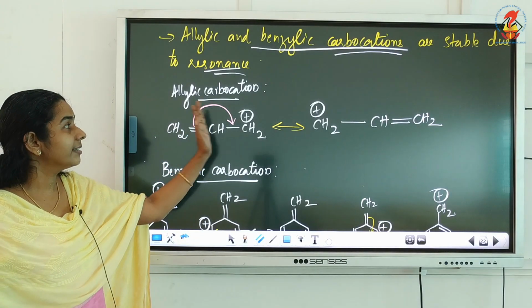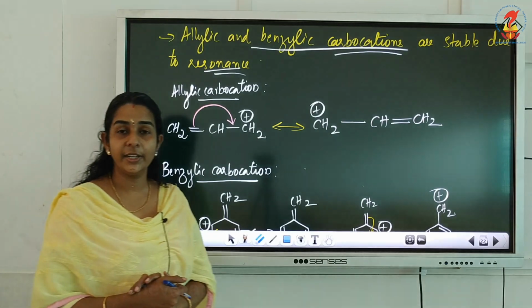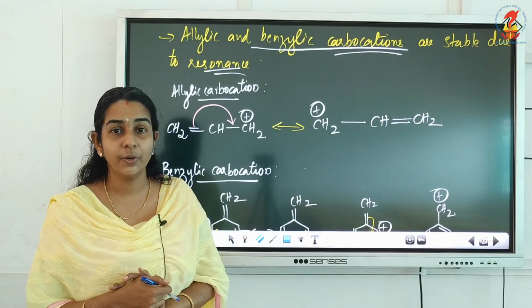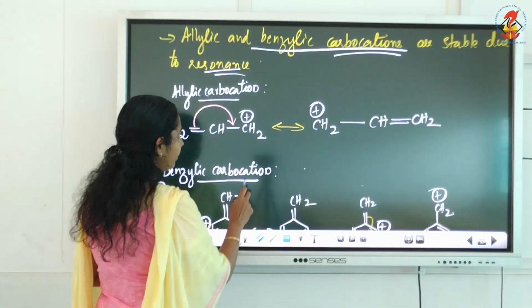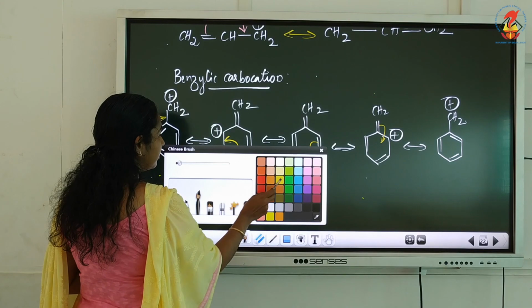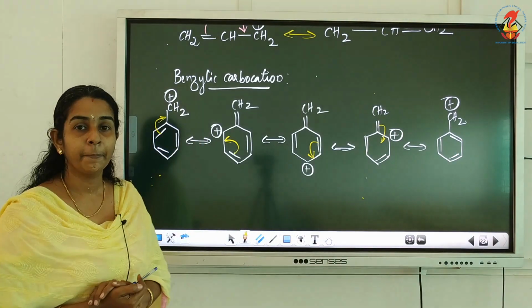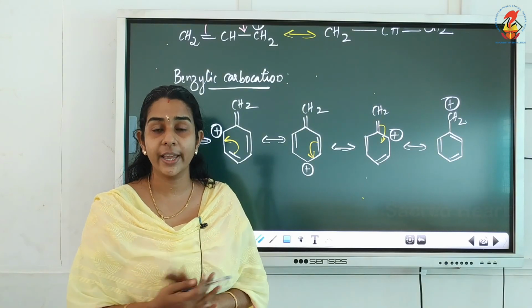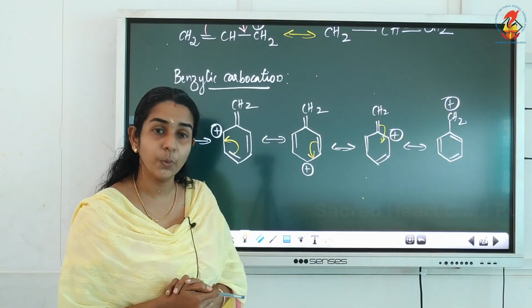Since there is resonance in the allylic carbocation, it is stabilized, so it is more reactive towards SN1. Similarly, the benzylic carbocation is also stabilized due to resonance. That is why allylic and benzylic halides are more reactive towards SN1.